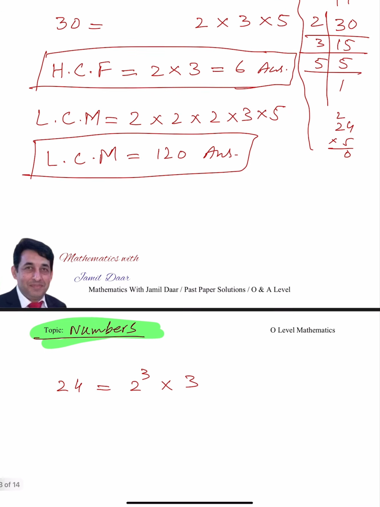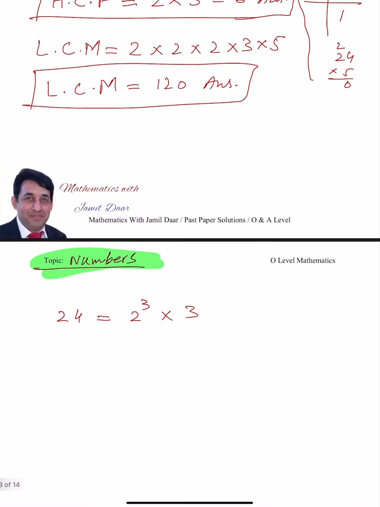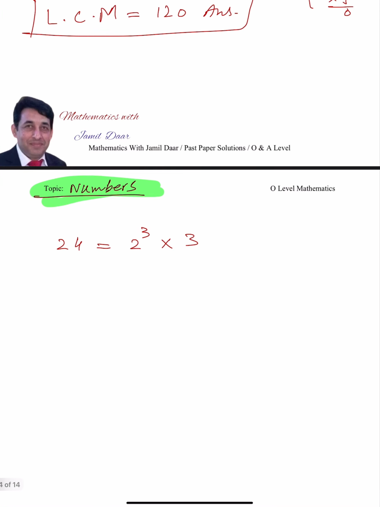And 30 is 2 into 3 into 5. That's your choice, whether you do it using this method or the previous one.